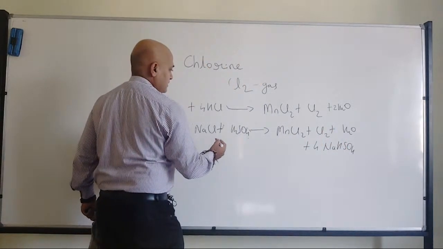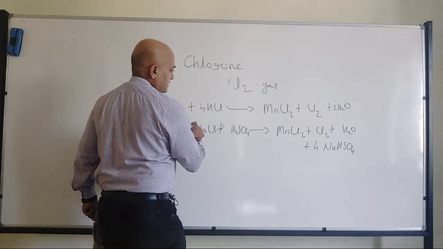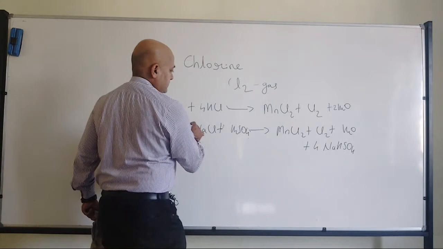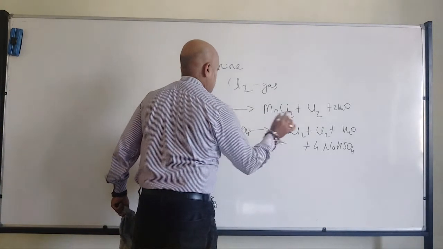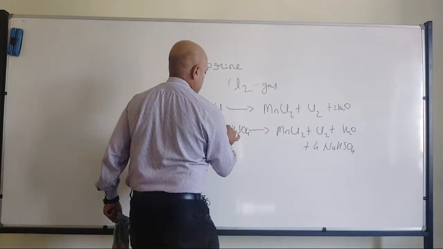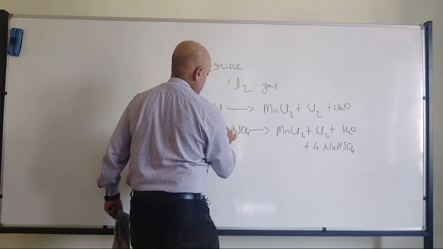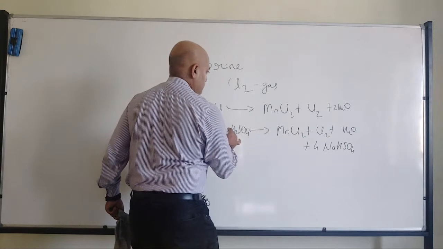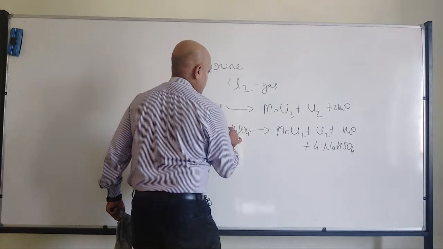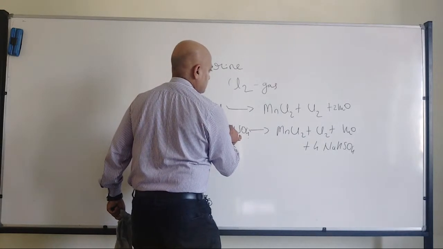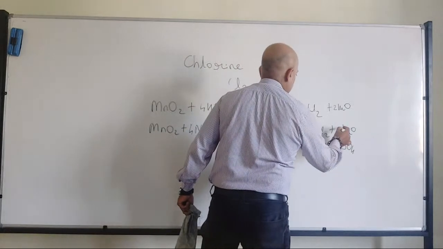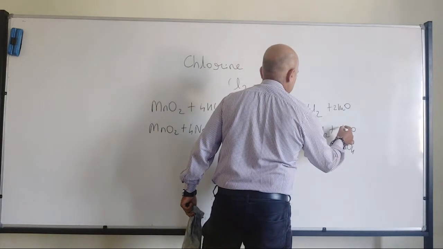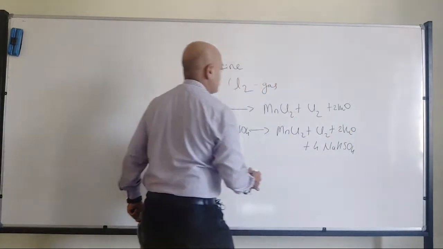So 4 H2SO4, 4 NaCl. One minute. Okay, oxygen, hydrogen you can add there, no? So 4 NaCl, then here also I will make it 4 H2SO4, 4 is 8. So here I will make it 2.